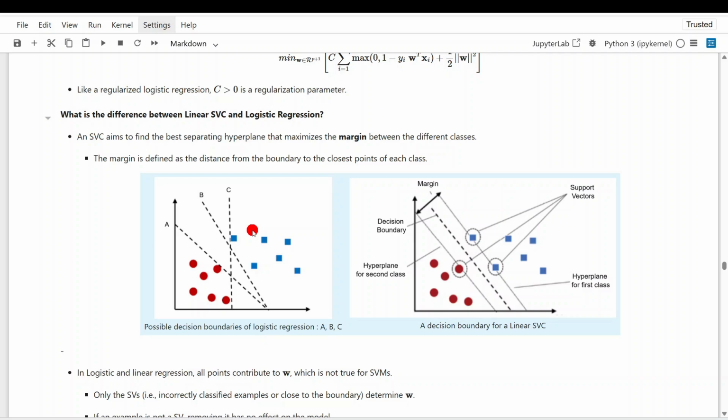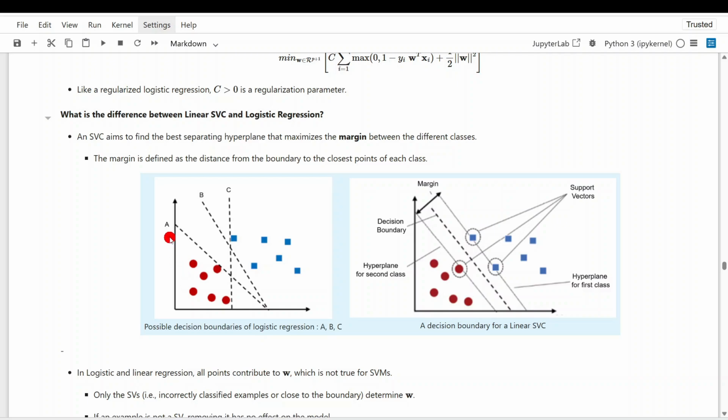But if we inspect it very closely, we can see that, for example, the decision boundary represented by A is close to the red points, or class 2. And the decision boundary of B is close to the blue points. And the decision boundary represented by C is close to both the blue and red points.